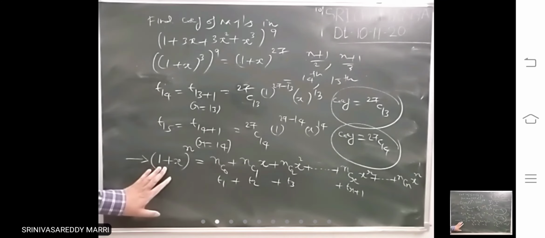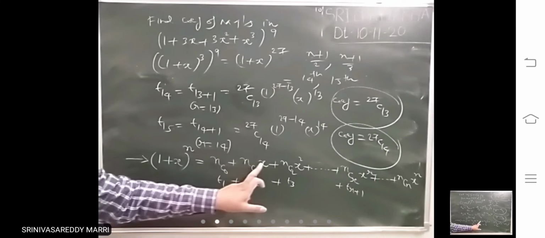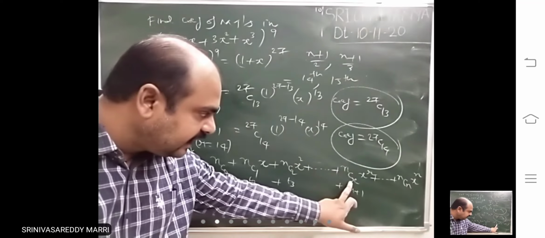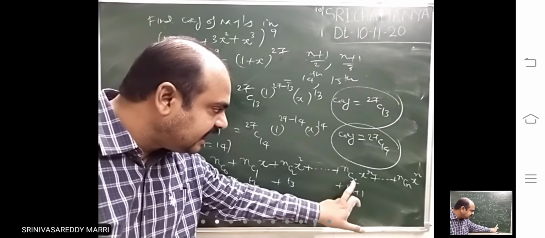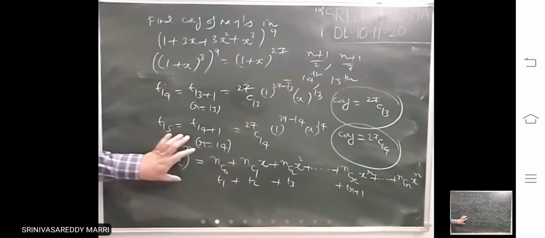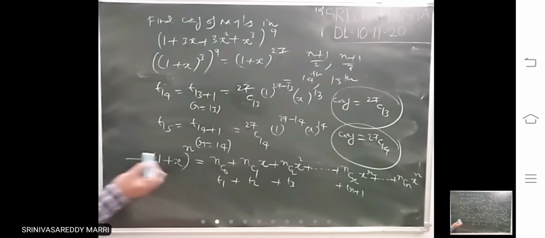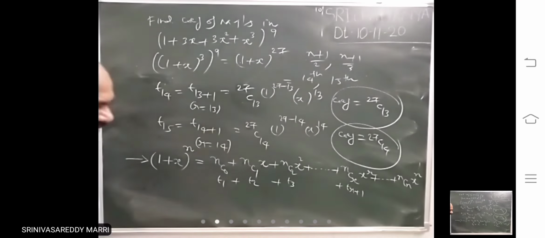This is the standard expansion: nC0 + nC1x + nC2x² and so on. Whenever you get this, directly write this one, no need to take x and a again, just remember it.